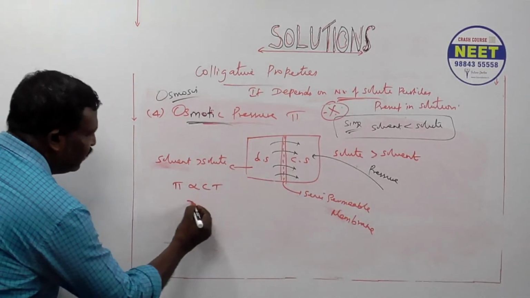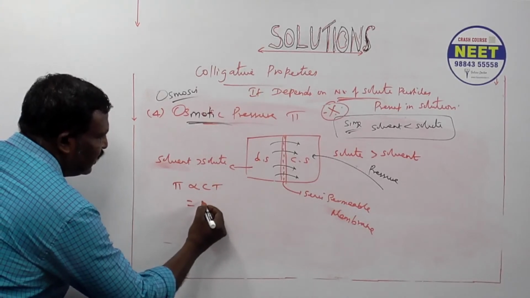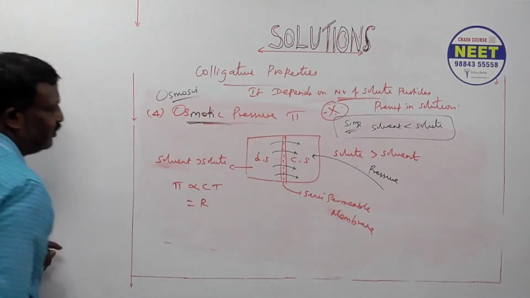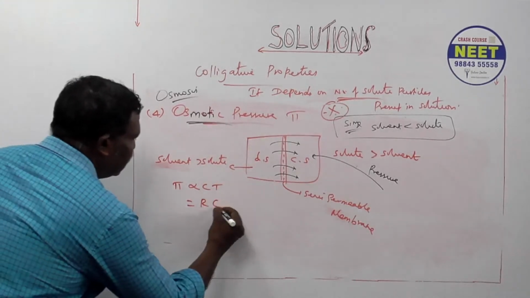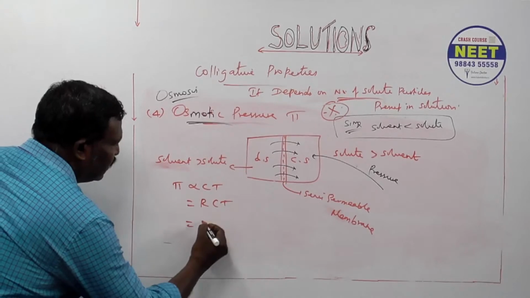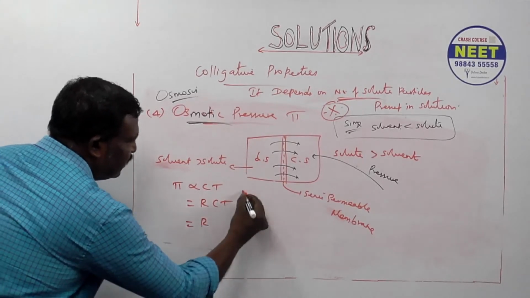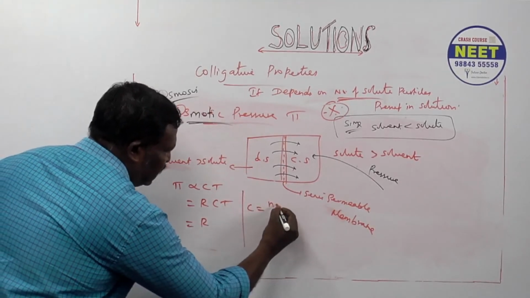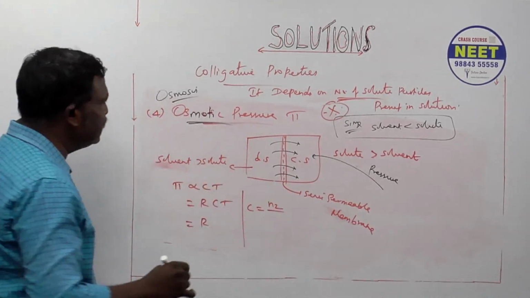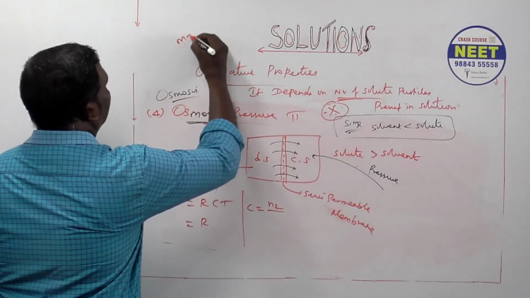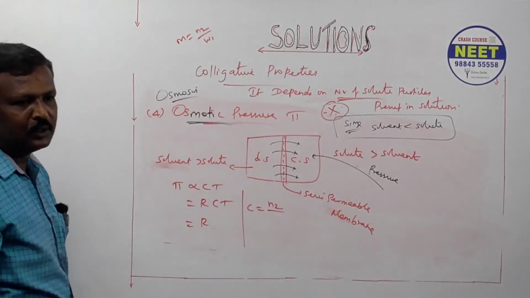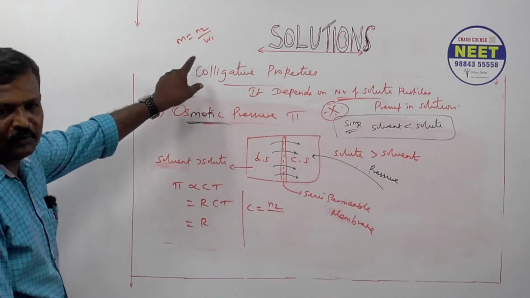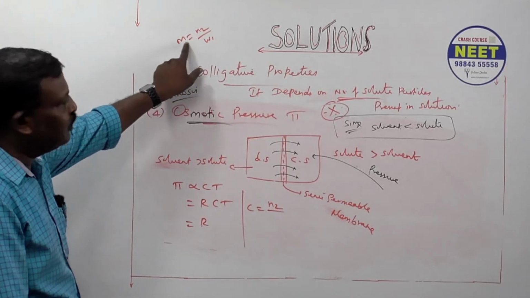From this we can write pi equals C R T. R is called the gas constant. C means concentration, that is n2 by V. I told you, in boiling point and freezing point, molality is n2 by W1.